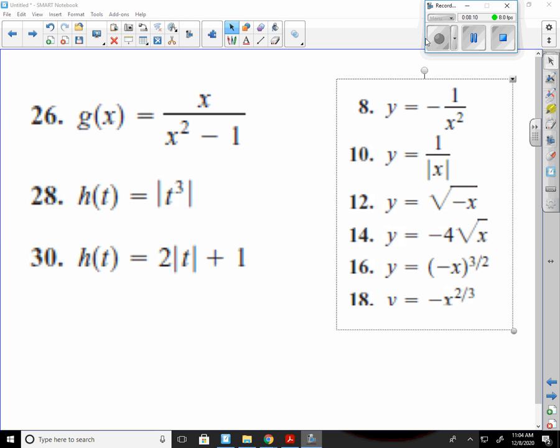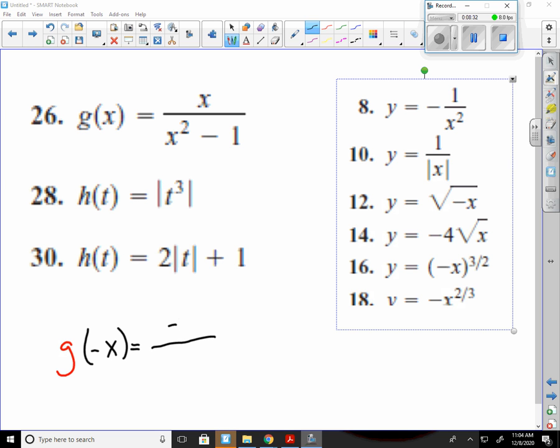Roland, number 26. This one is x over x squared minus 1. How do we start to check and see if it's even or odd? We put a negative x in everywhere you see an x.